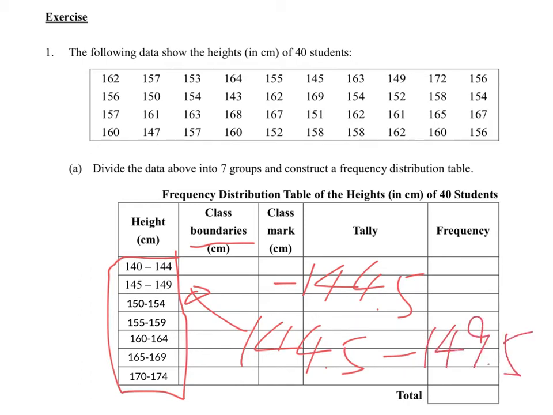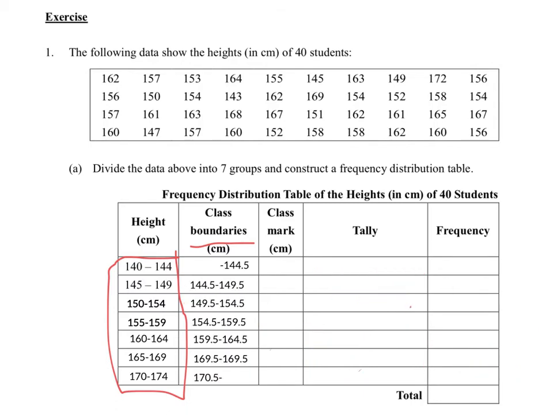So the boundaries of the second group should be 144.5 to 149.5. After using this principle, we can find all the boundaries between the groups. But how about the lower boundary of the first group and the upper boundary of the last group? We will use the same principle to extend them so that we can have a better organization for further analysis.